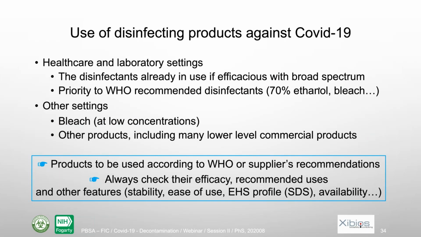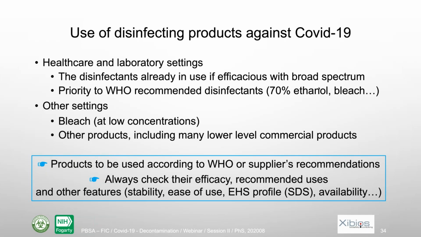So, using disinfecting products against COVID-19, I would say that in healthcare and laboratory settings, the disinfectants that are normally already in use in those settings, if they are efficacious with a broad spectrum, they are okay. You should not change anything. You could keep using them. If not, if you need to add some products, in that case, I would give the priority to the WHO recommended disinfectants, so mainly ethanol and bleach.